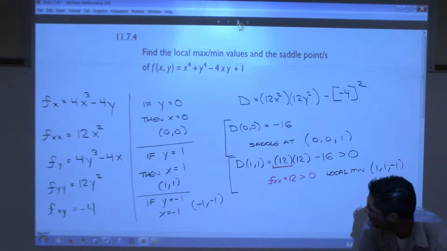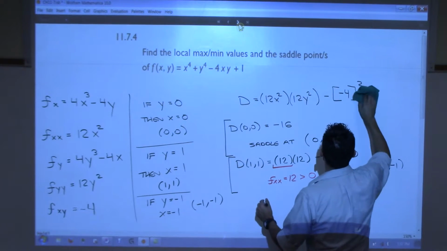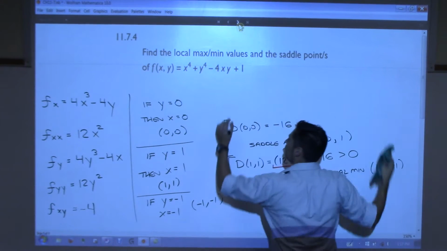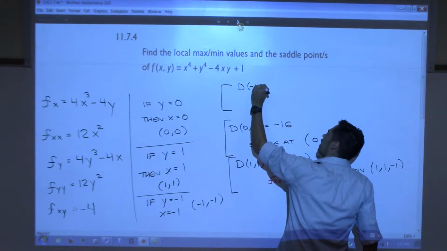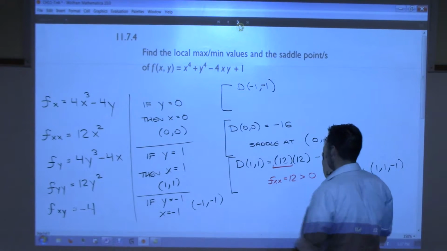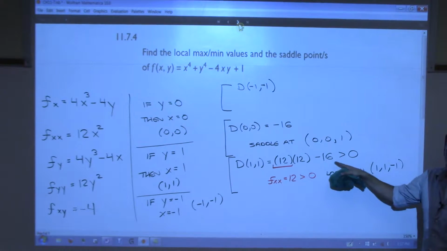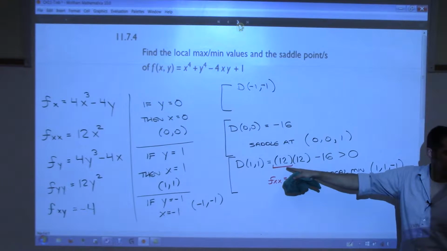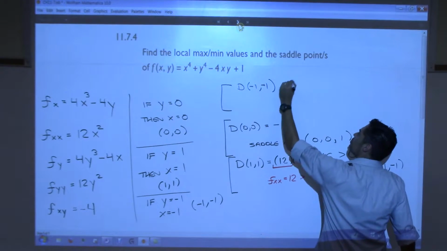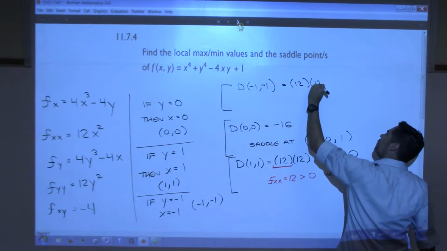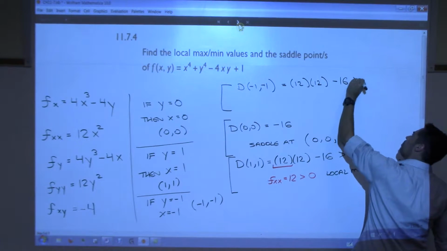Now the last computation, d of negative 1, negative 1. Isn't it going to be exactly the same? It's exactly the same as this. We're going to get a 12 because you're squaring x. It was 12x squared, 12y squared. So you should still get 12 times 12 minus 16. It's still positive.